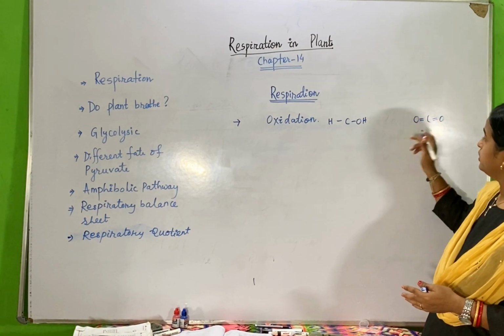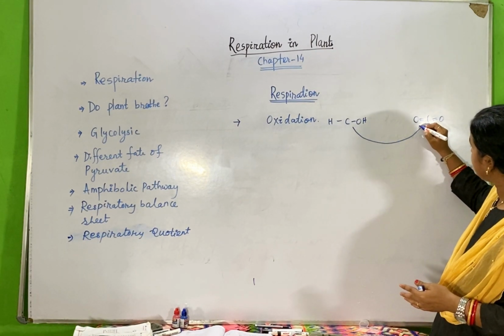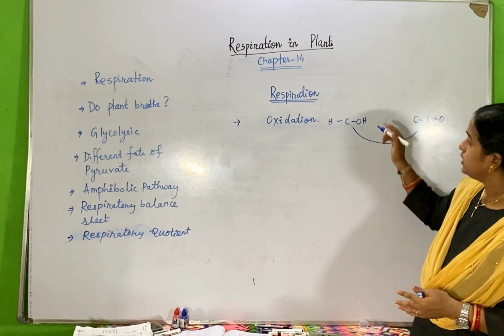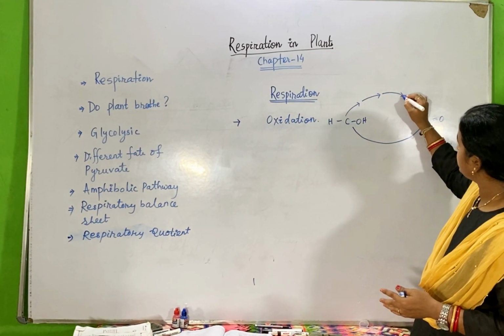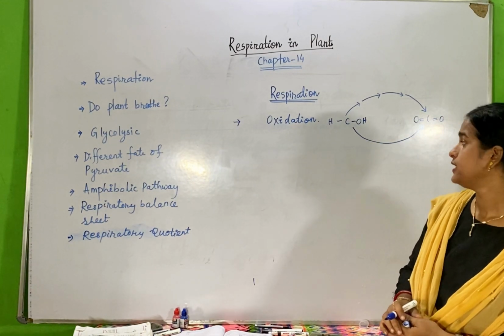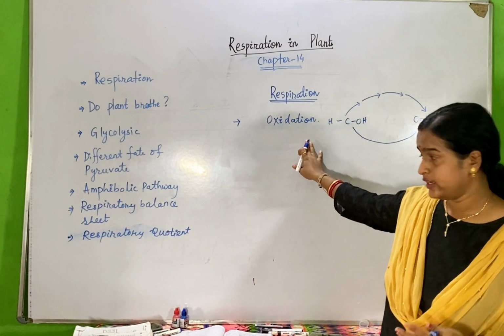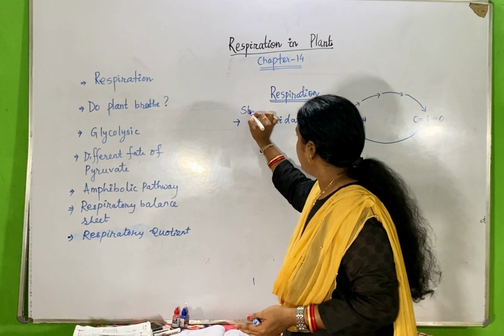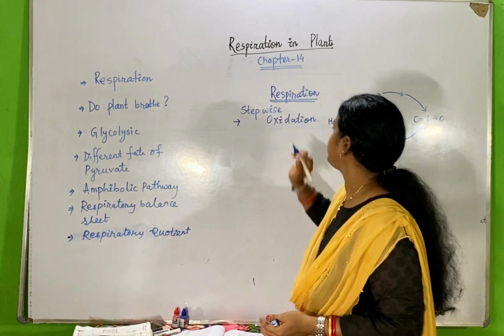By oxidation, it forms carbon dioxide. But this is not a single step oxidation. Rather, respiration is a stepwise oxidation, and in this process carbon dioxide is released along with energy. So we can rightly say respiration is a stepwise oxidation.